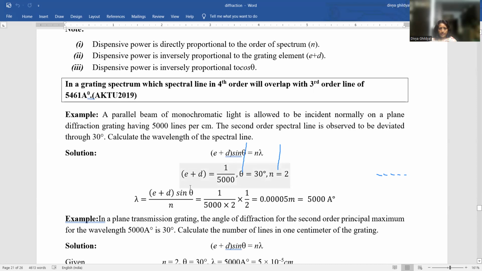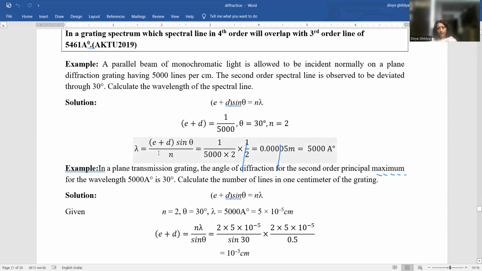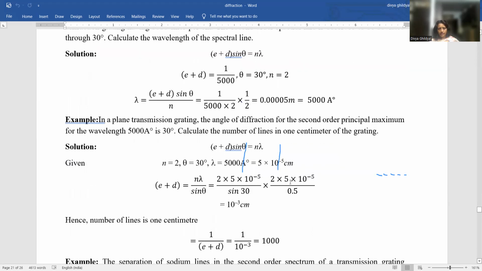So (e+d) is equal to 1 upon 5,000 centimeter, theta equal to 30 degrees, and n equal to 2. So lambda is equal to (e+d) sin theta by n. Putting the numerical values, we get 5,000 angstrom as our answer.